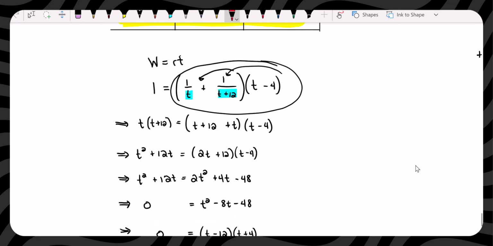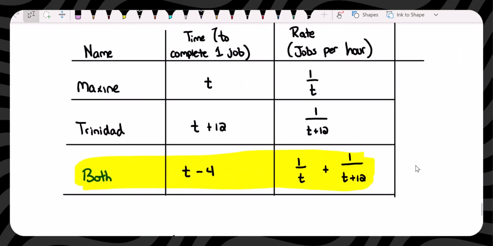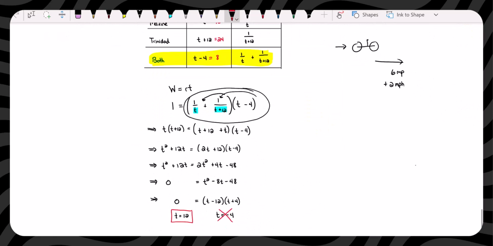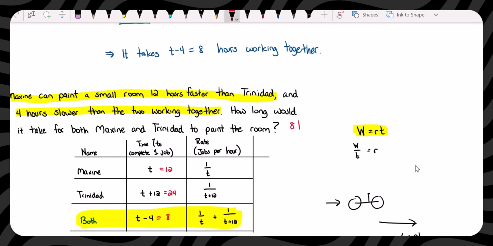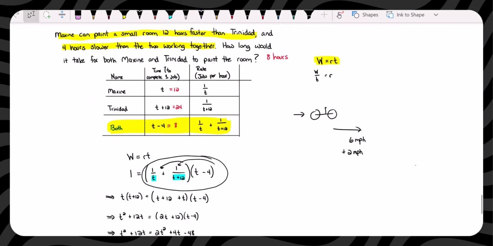Well, if it takes her 12 hours, then it takes Trinidad 24 hours by himself to paint the room. Working together, remember t is 12, so 12 minus 4 is 8. It takes them 8 hours working together to paint the room. So that is actually the solution. 8 hours working together to paint the room.